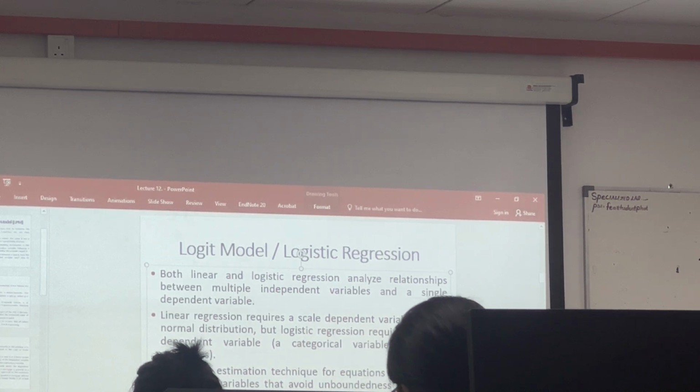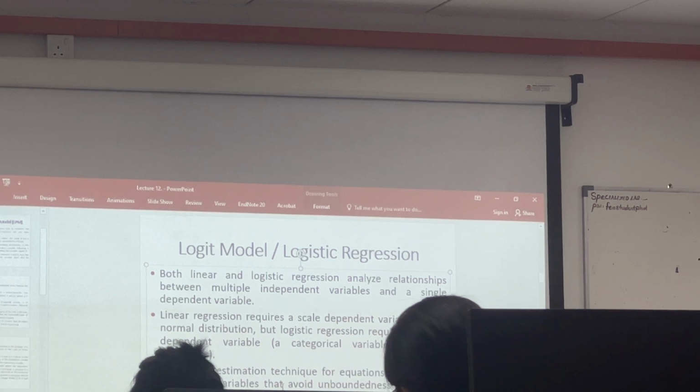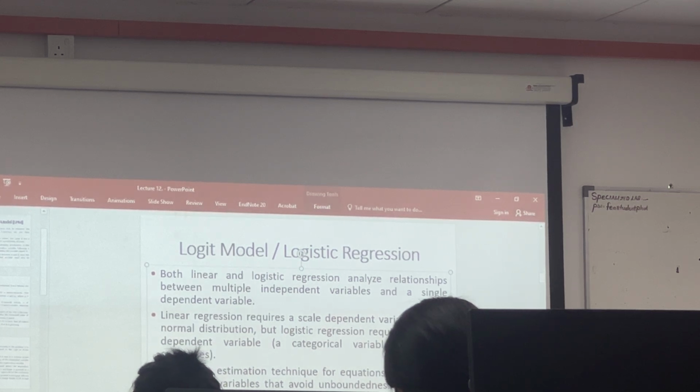Okay, but logistic provides an alternative that allows us to limit the value between 0 and 1, not less than 0, not more than 1.